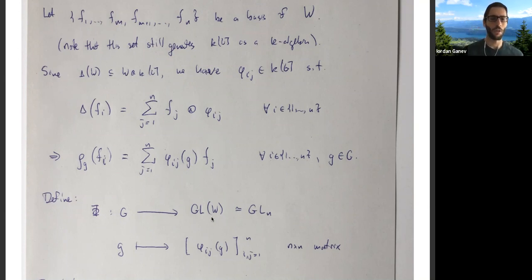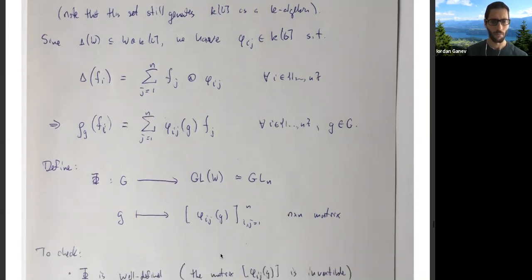It'll be into GL_n. Remember, W is the subspace of K brackets G that is invariant under these rho of G's, that's finite dimensional, and that contains a generating set for K[G] as an algebra. So we define this map by taking G to a matrix whose ij entry is phi ij evaluated at G. And yeah, that's an n by n matrix.